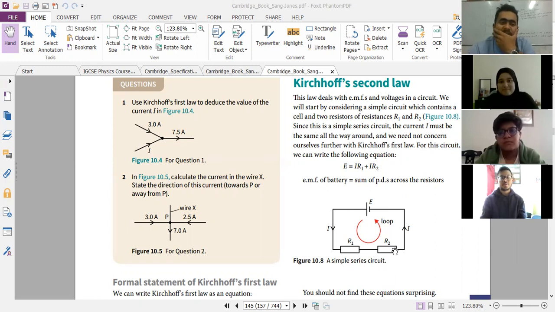Confused? Okay, we won't be confused, no problem, since we are doing this for the first time, it is fine. EMF is something where we apply some potential difference across the whole circuit. Then that is applied across the circuit, which means that EMF is distributed within the circuit. It will always be distributed.